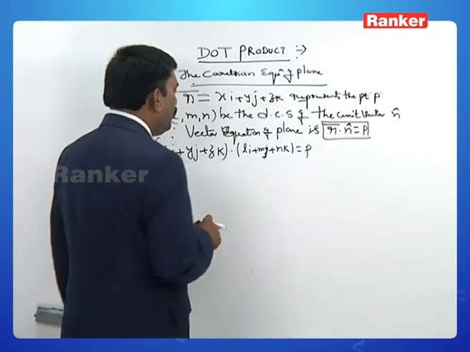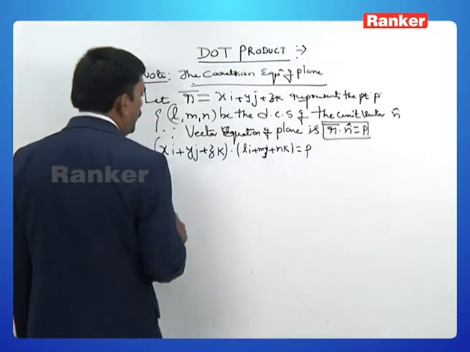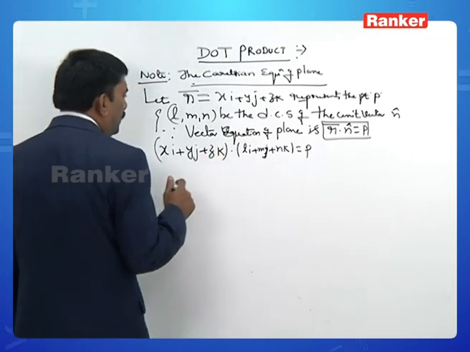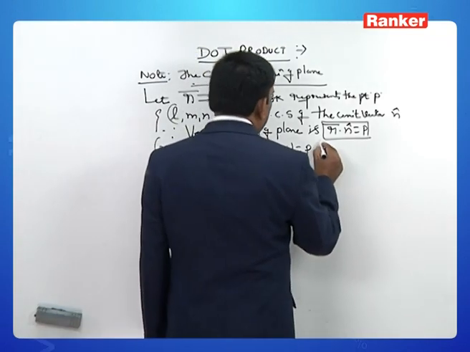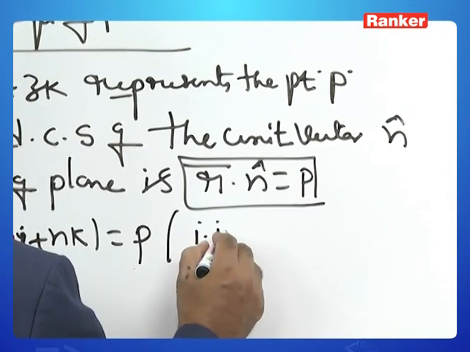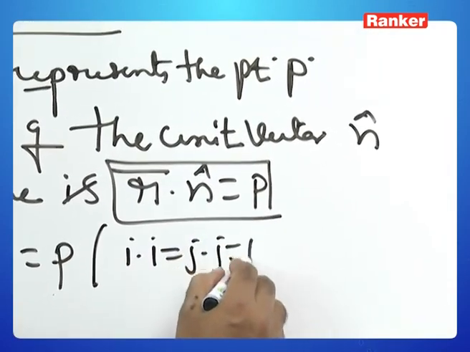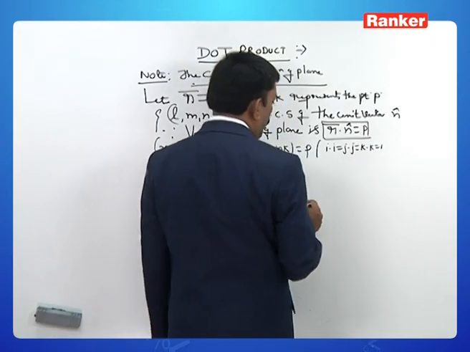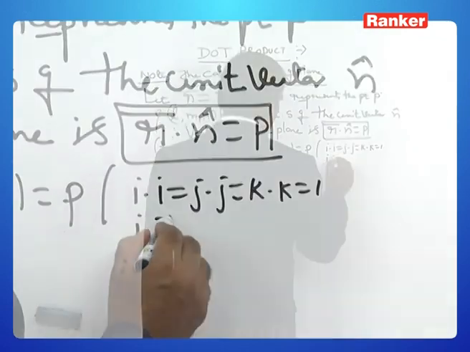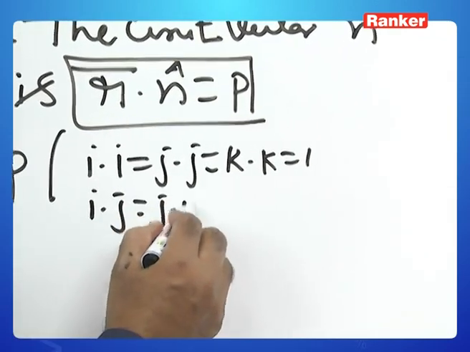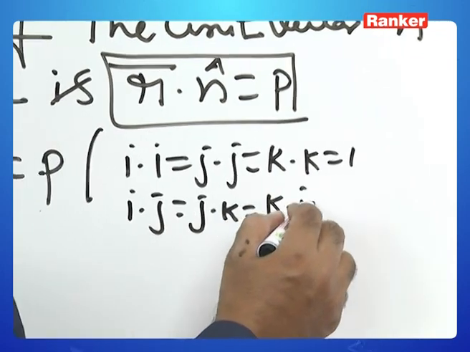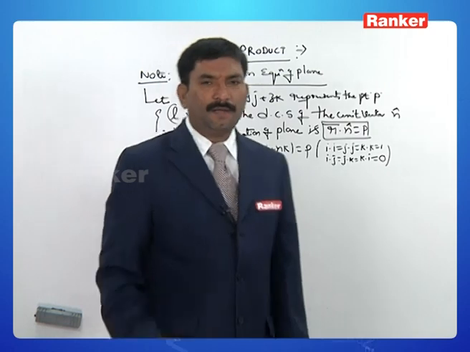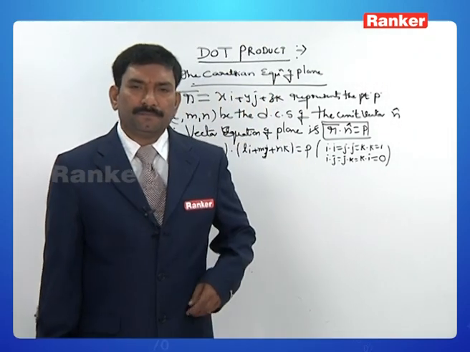So therefore, now xi plus yj plus zk dot li plus mj plus nk is equal to P. Take the dot product. We know already i dot i, j dot j, k dot k is equal to 1. i dot j, j dot k, k dot i is equal to 0.